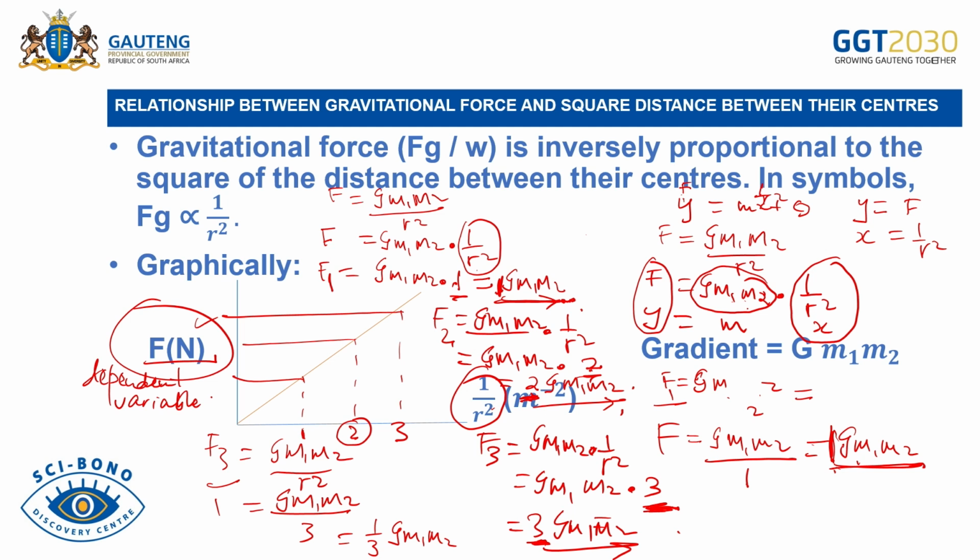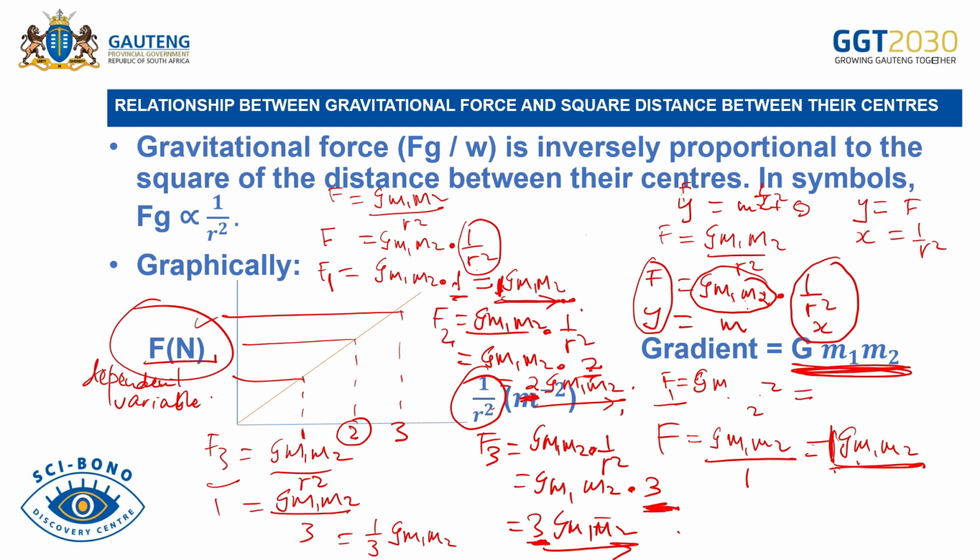So you can use this gradient to get the mass. If we are told that these objects are identical, obviously you'll be able to get the mass using the gradient. So that is very, very important.